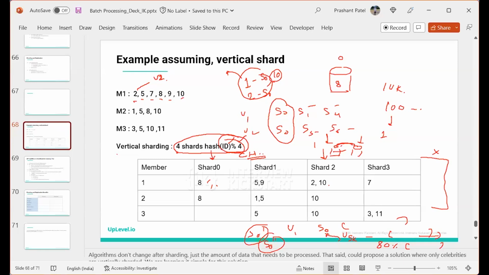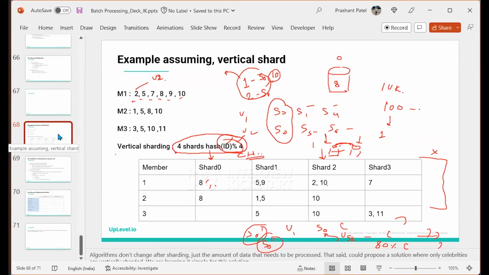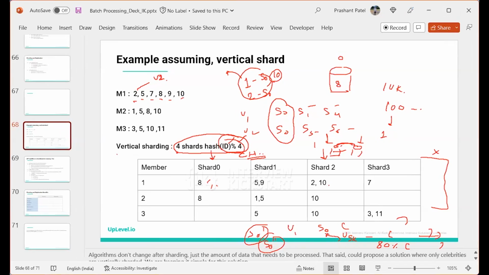I think you are looking for this slide or something else, so confirm to Prashant. Then either he needs to send again or whatever. Only one slide is available. Okay, batch processing slide part one is available. Yes, and there is another slide also available, which is batch processing again.